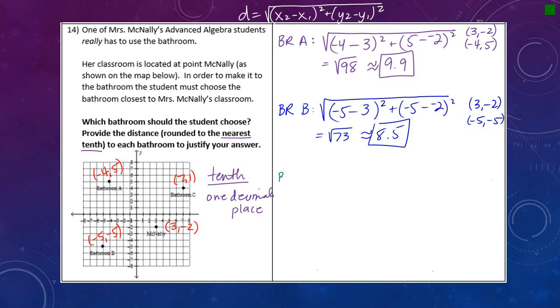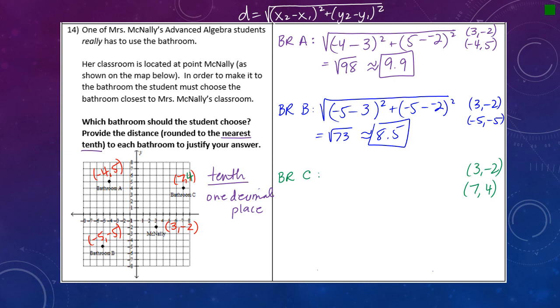Now we have to do bathroom C. I have to use the McNally point, and then bathroom C's point is 7, 4. I think I wrote down the wrong point here. So this should be 7, 4, not 7, 1.